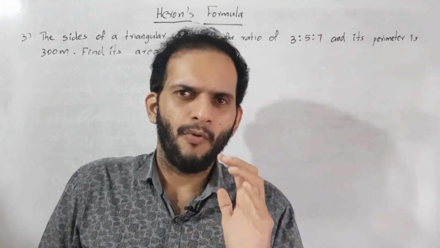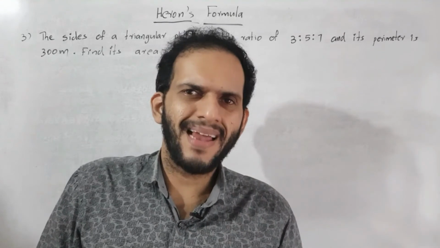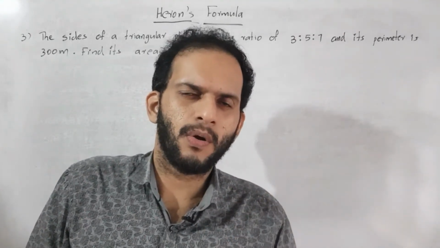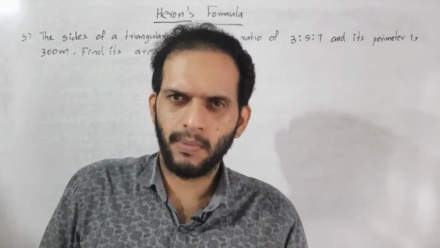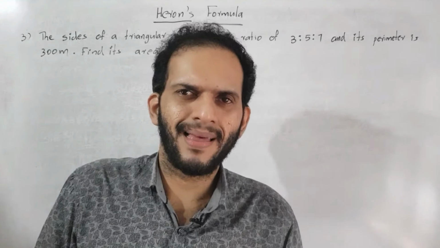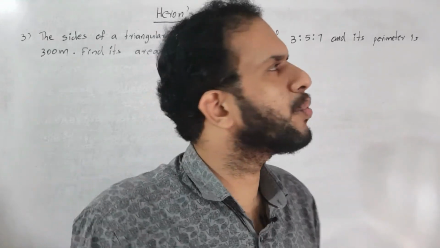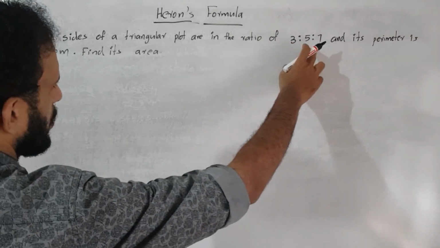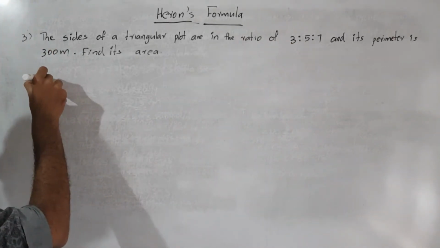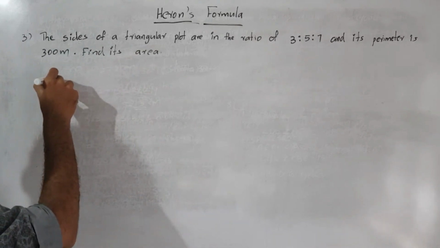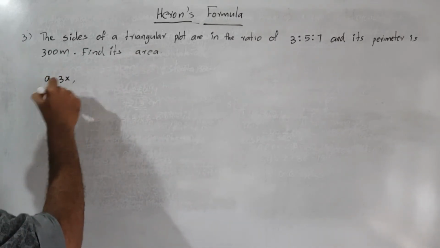So we want to choose the sides, okay, then we multiply the ratio with a common factor. Most commonly we choose that common factor as x. So how do we choose the side measurements? Yes, the ratios are given, therefore a is equal to 3x.